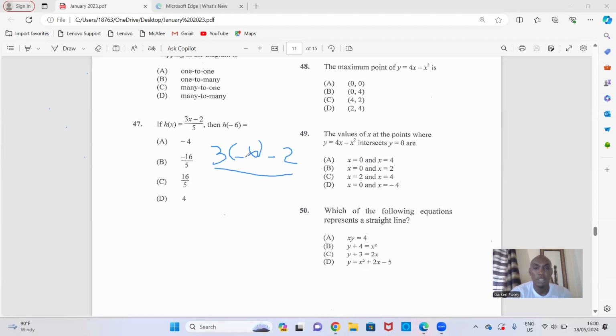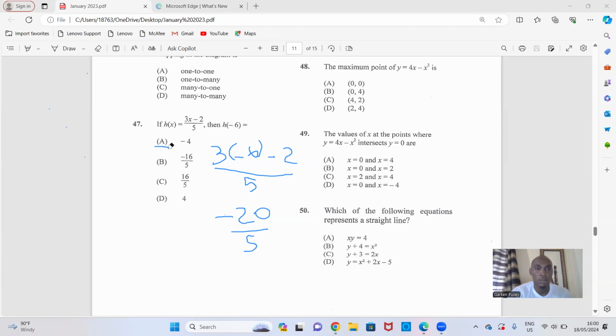So 3 times negative 6 is negative 18, and negative 18 minus 2 is negative 20 over 5. I left off the 5 right here, over 5. 5 can go into negative 20, negative 4 times. So my answer for that one is negative 4.